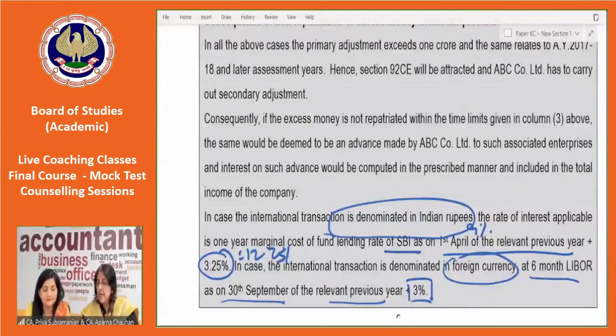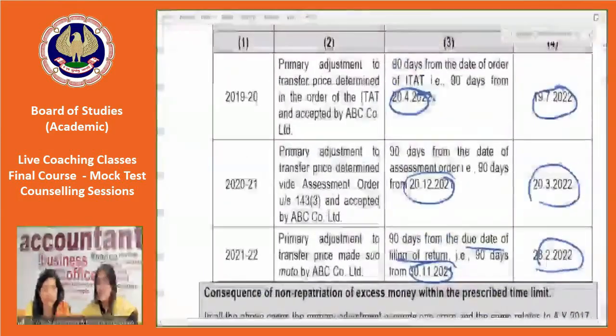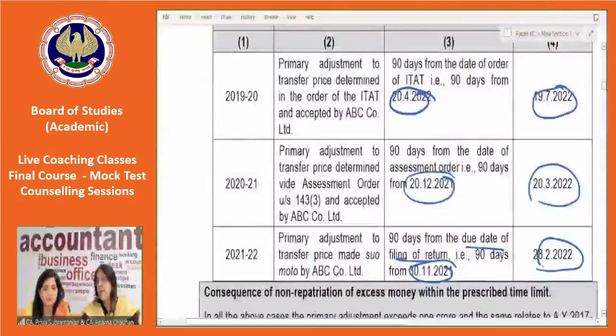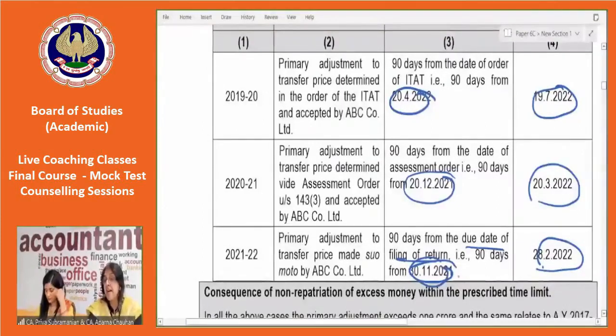Let me give you an example. Suppose in this case, it has to be repatriated by 28/2/2022. You have not repatriated, so your interest will be computed and added. For interest computation, I have to start from the due date, not the actual filing date.